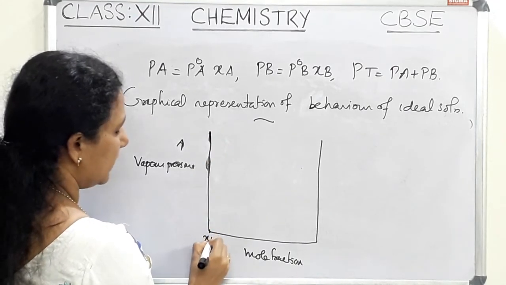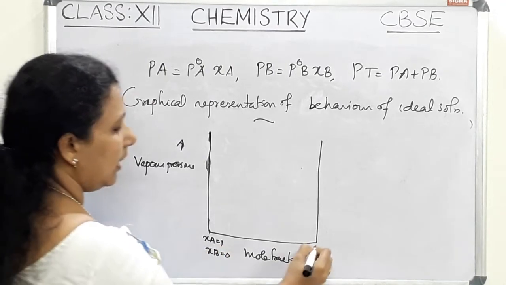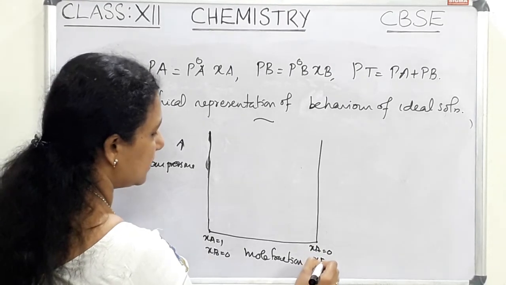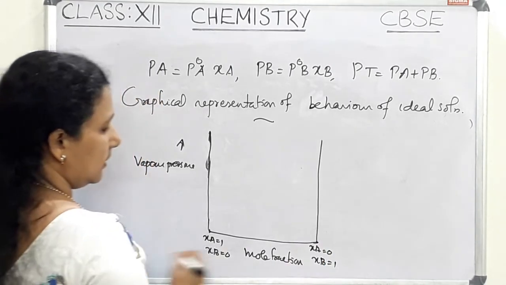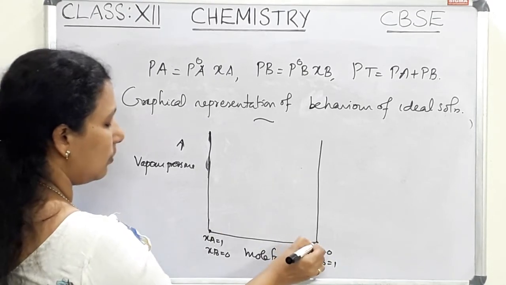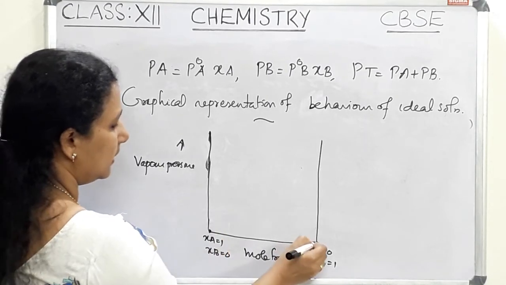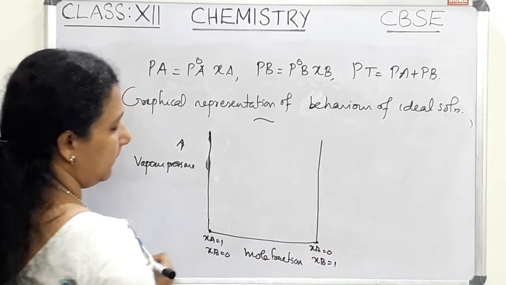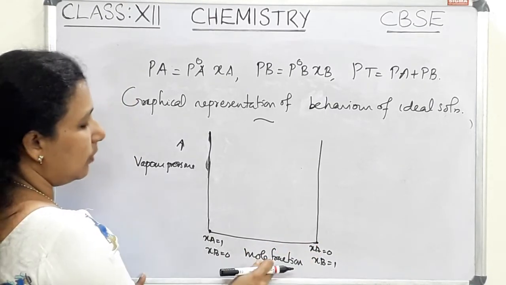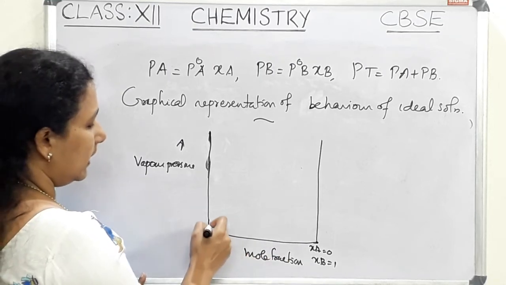Here if XA is equal to 1, XB will be 0, and here XA is equal to 0 and XB is equal to 1. That means XA increases from 0 to 1, and XB is increasing from 0 to 1. When vapor pressure increases, mole fraction is also increasing, that means they are directly proportional.